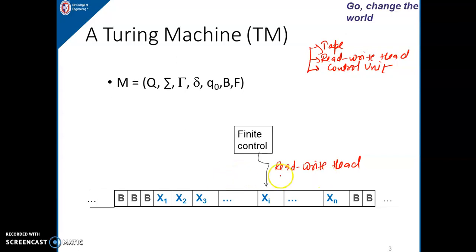So the various actions performed by the Turing machines are changing the state from one state to another state. So these are all action performed by the Turing machine.